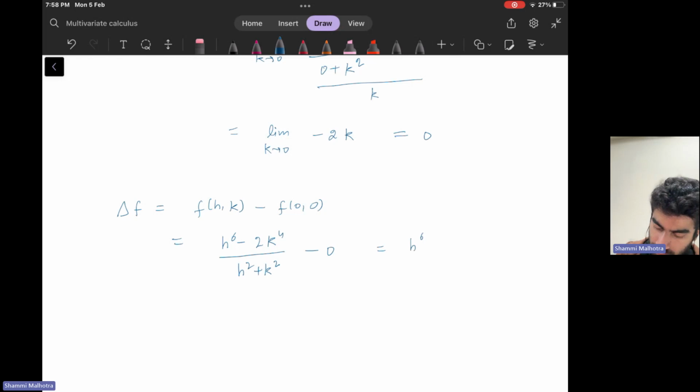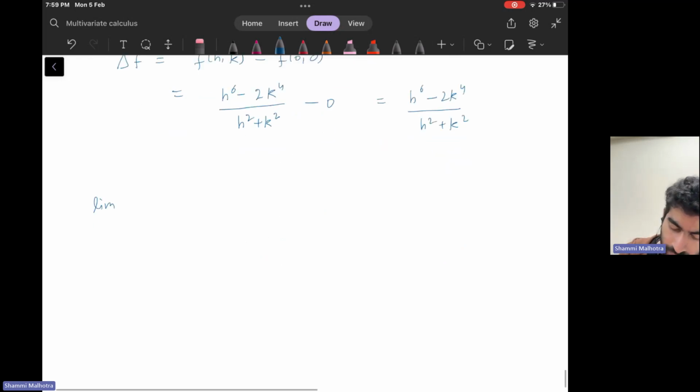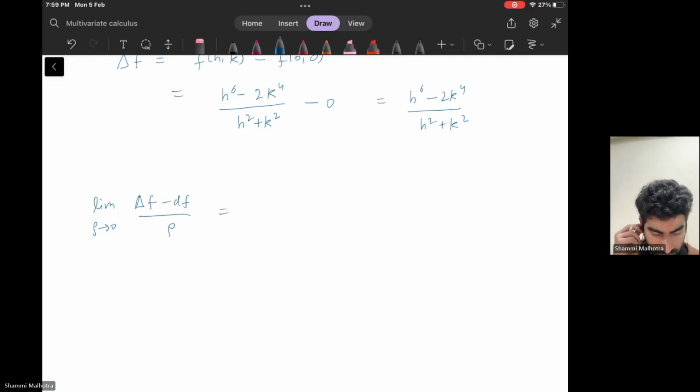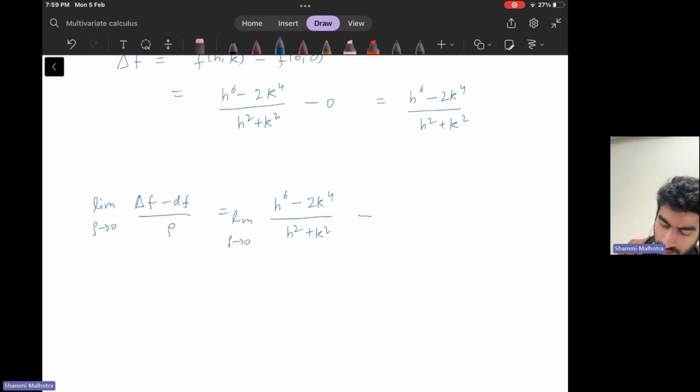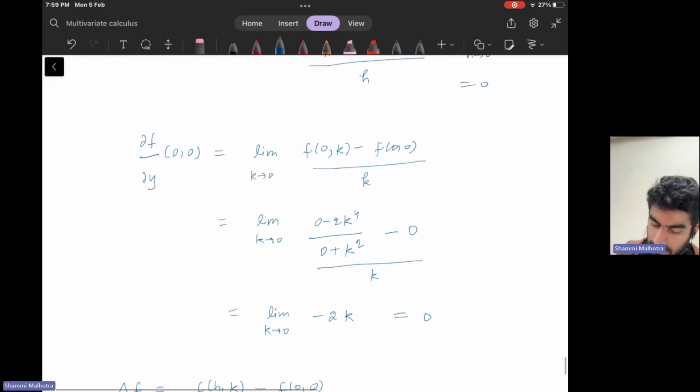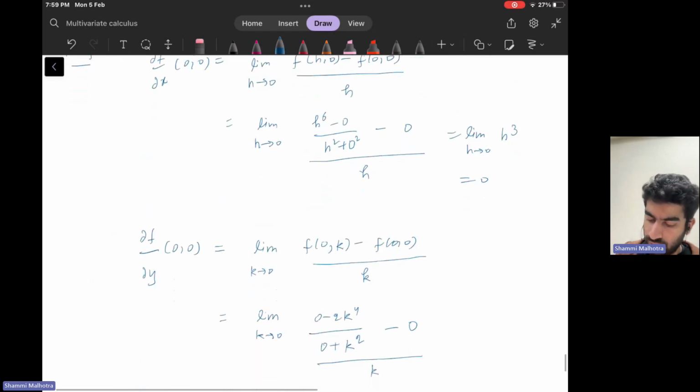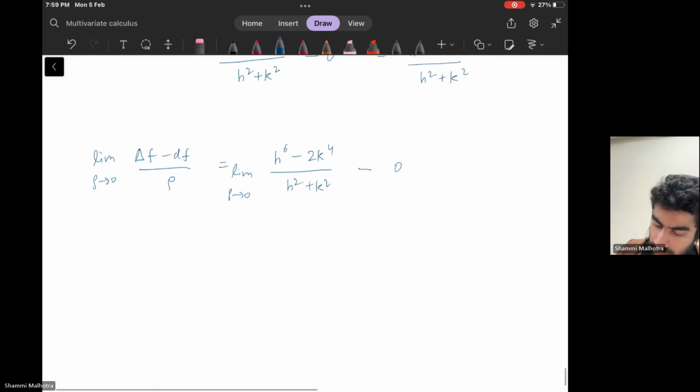So finally the limit rho tending towards 0 of (delta f minus df) divided by rho is (h raised to the power of 6 minus 2k raised to the power of 4) whole divided by (h square plus k square), minus, and the partial derivatives we have computed turn out to be 0 only. So df is 0 only, whole divided by square root of h square plus k square.